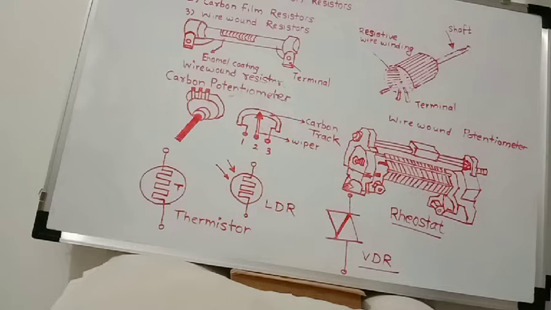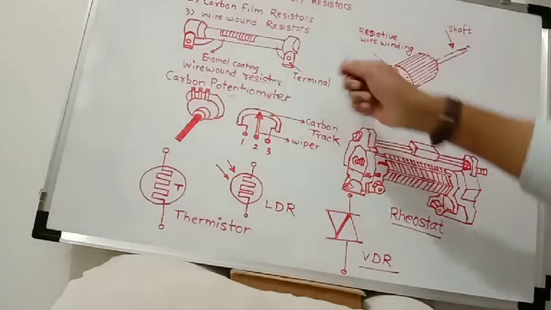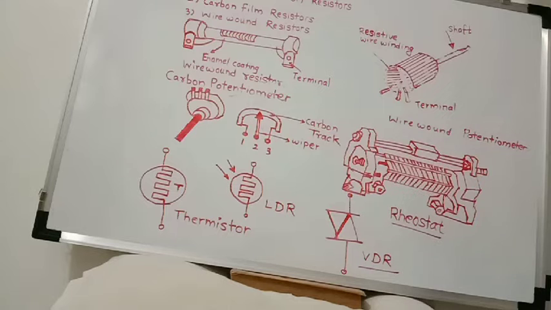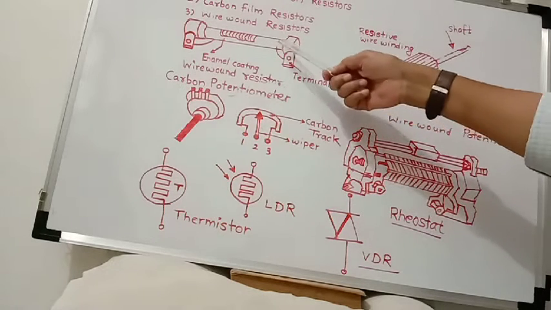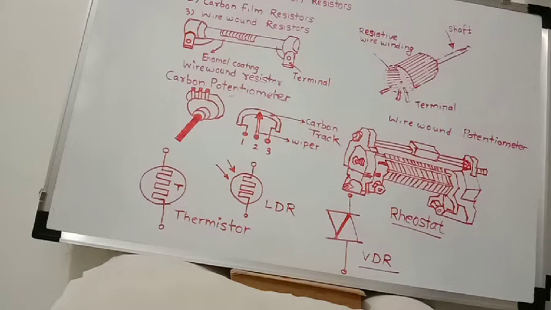This vitreous enamel coating is required to protect the resistive wire, and to dissipate the heat.